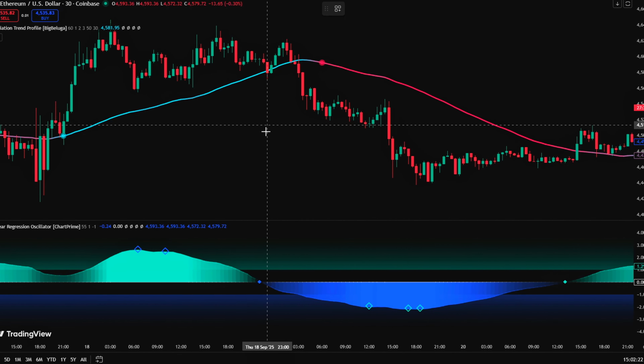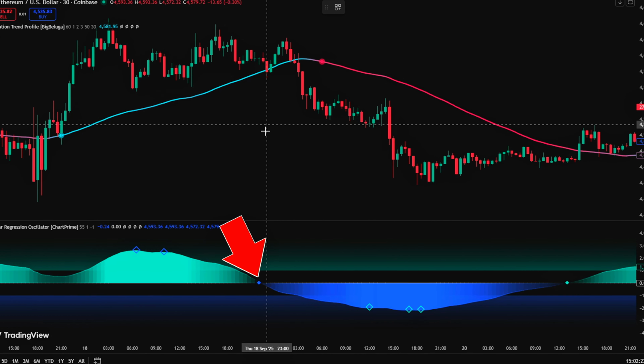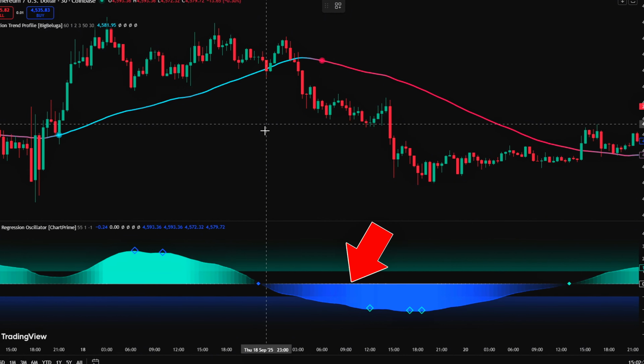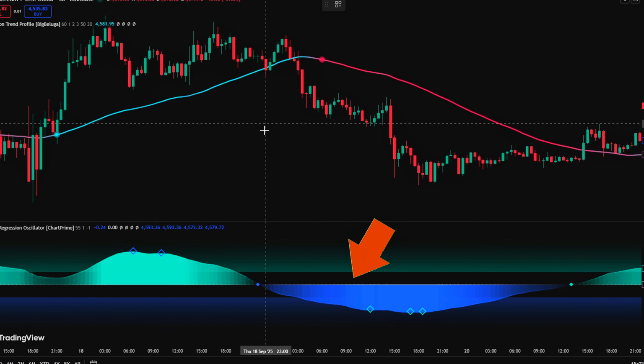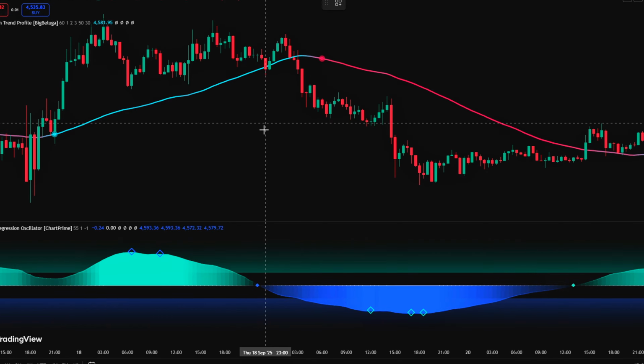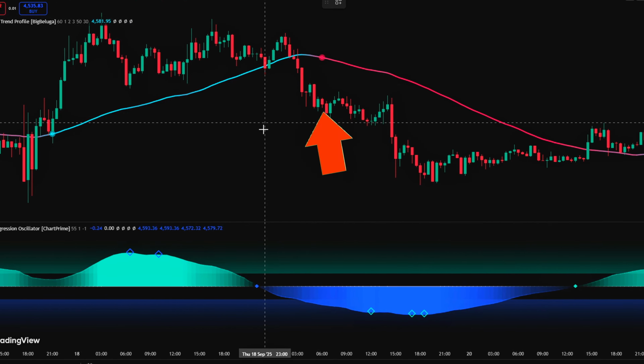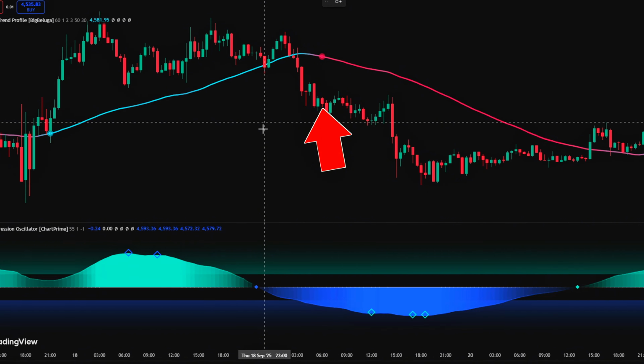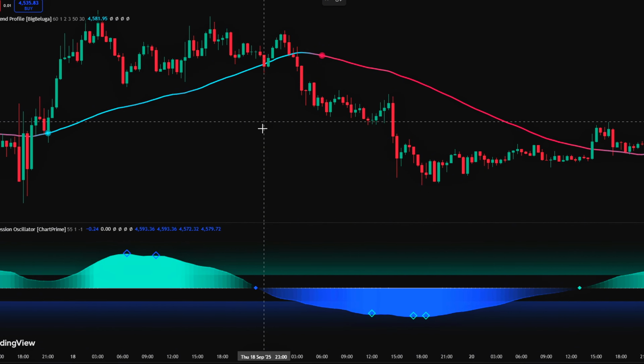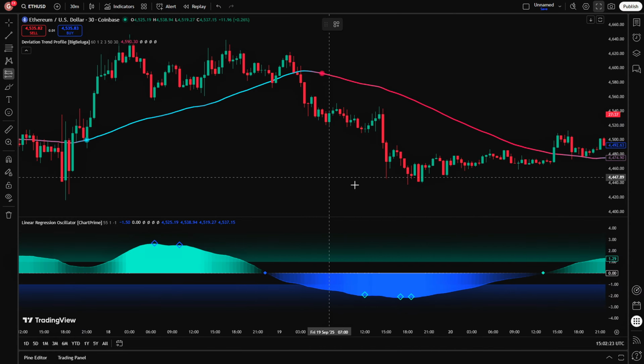The Linear Regression Oscillator displays a blue plot area, signaling strong downward momentum in line with the sell signal. A bearish candle forms and closes below the plot line, serving as your final confirmation that sellers remain dominant. Once all conditions align, that's your green light to enter the trade.